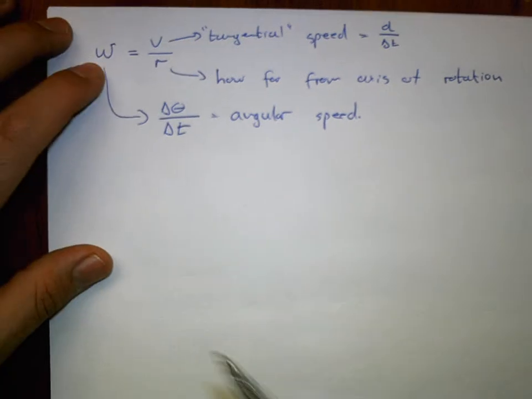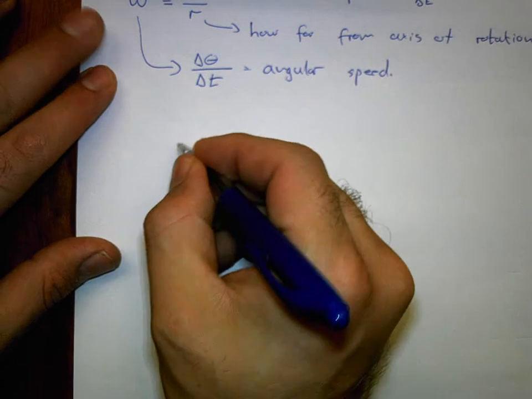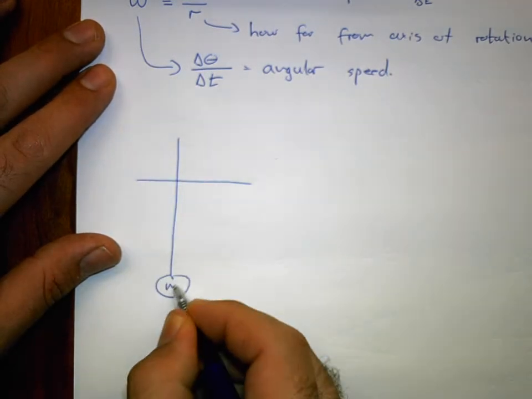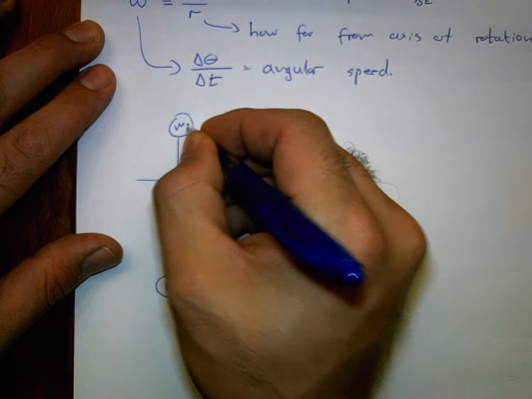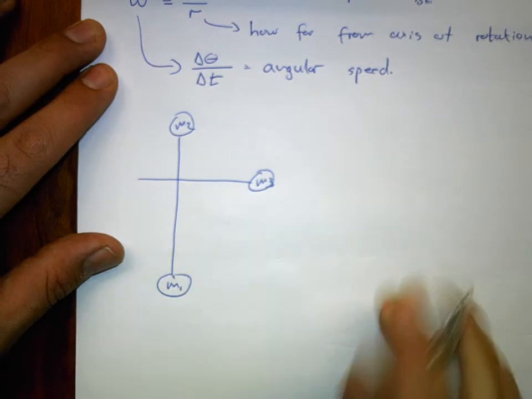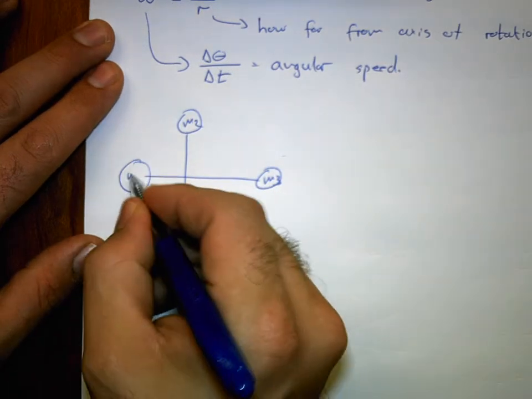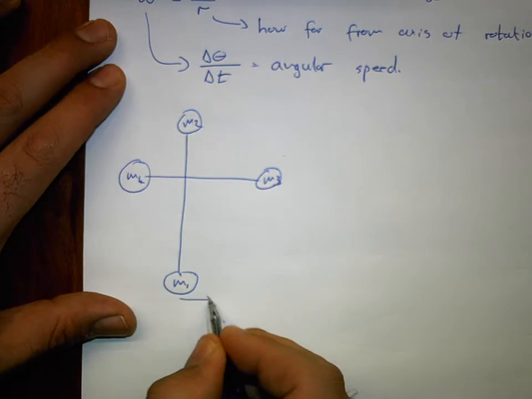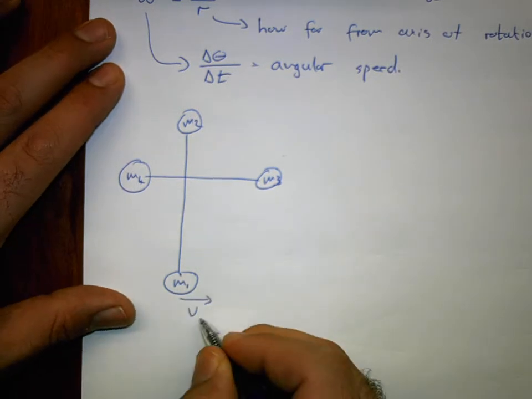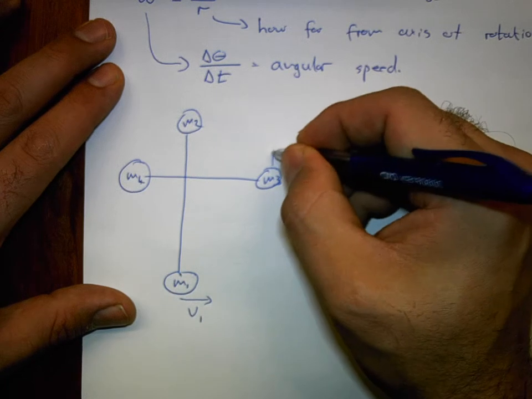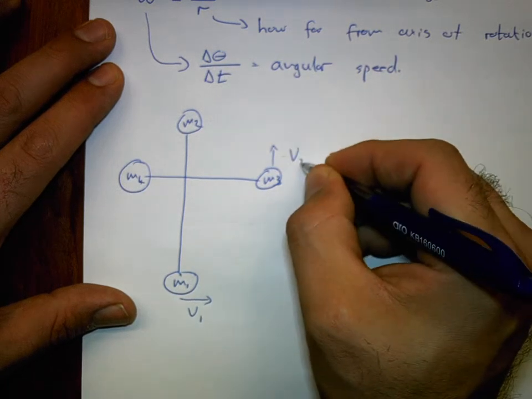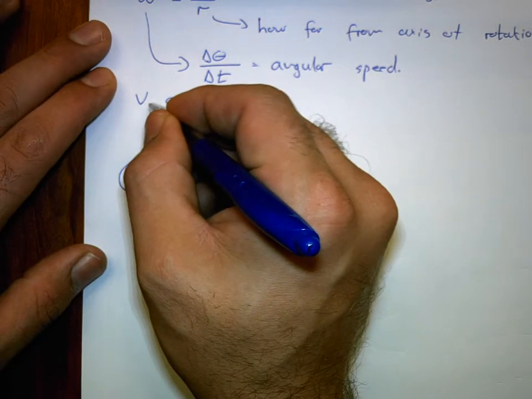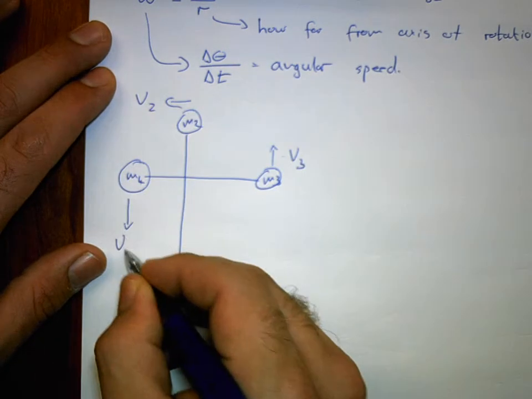Well, if we look again at this cross that we had, there was mass M1, mass M2, mass M3, mass M4. And this one has, at this instant, got a tangential speed v1, this one has got a tangential speed v2, this one v3, and this one has got a tangential speed v4.